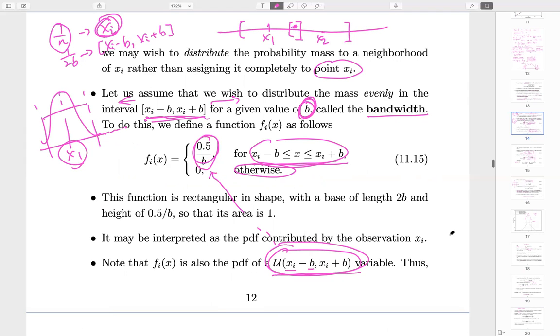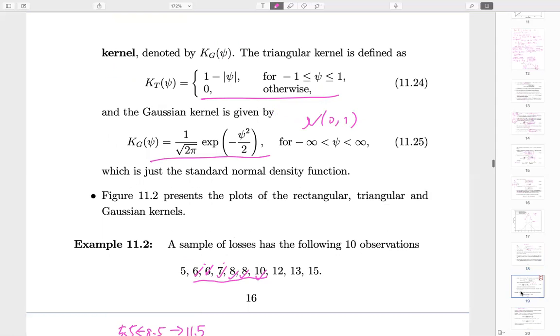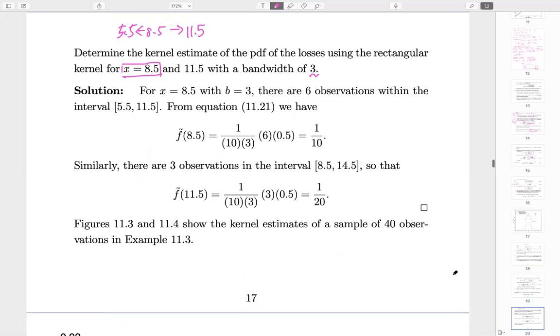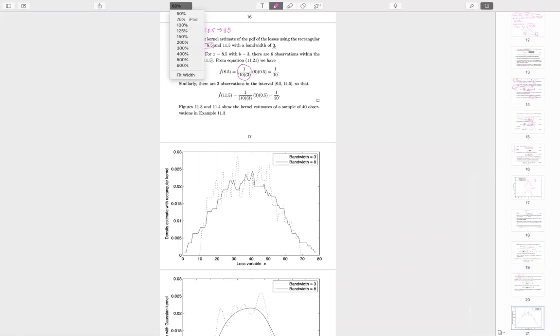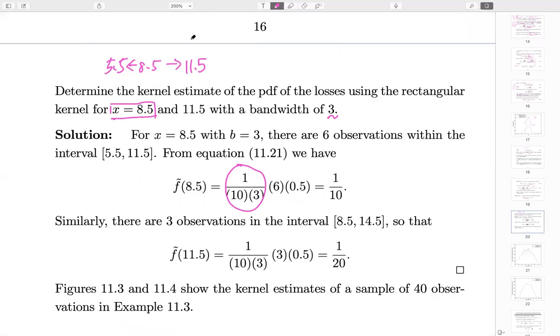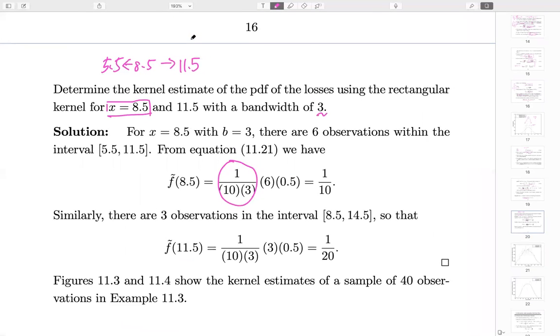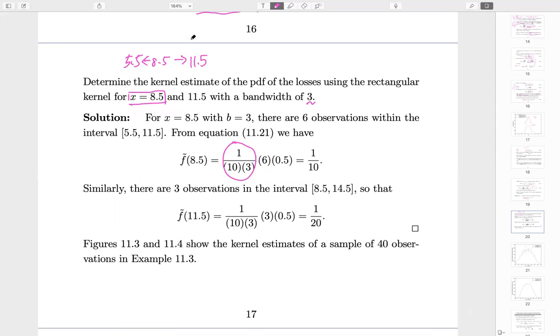And since there are 10 observations, we have this already. And then all we need to do is to count. We just need to count how many we have. By the way, you should put this 0.5 with 3. Okay, then we count how many points.